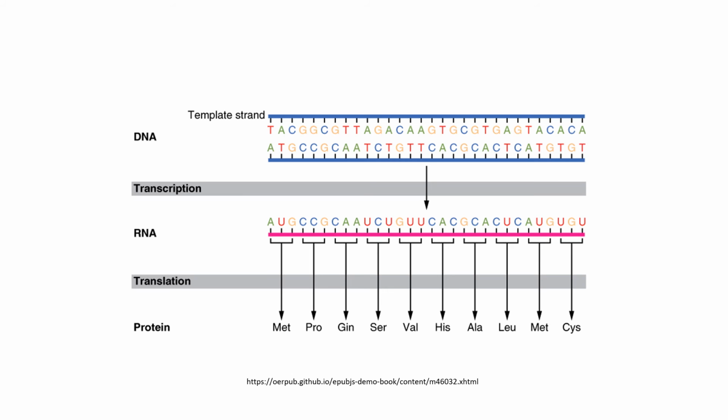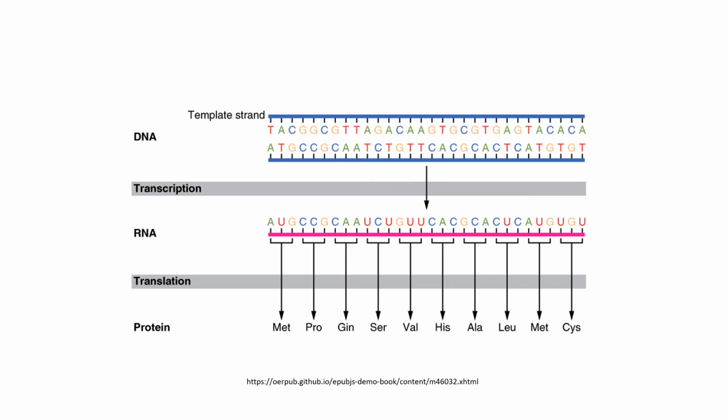So now we see that the four-letter alphabet of DNA specifies a complementary RNA, and that RNA is also made up of four bases, but instead of A, T, G, and C, it's A, U, G, and C. Those are the letters that make up RNA, and those letters are taken as three-letter words called codons.